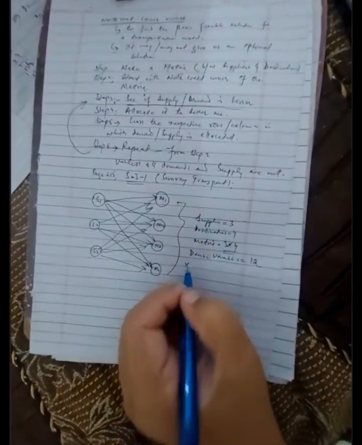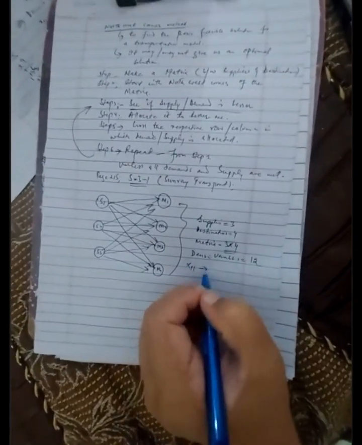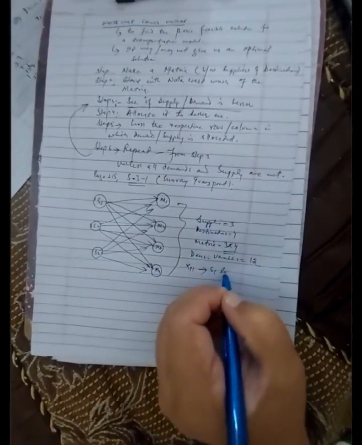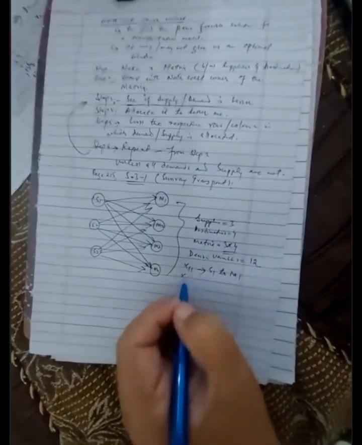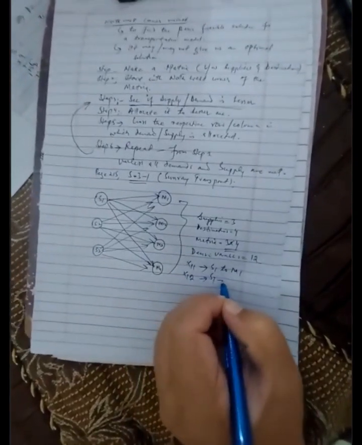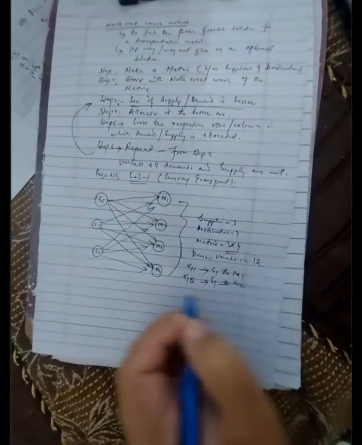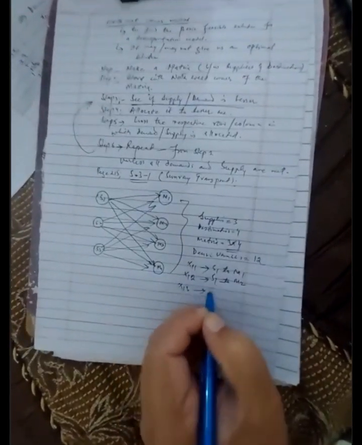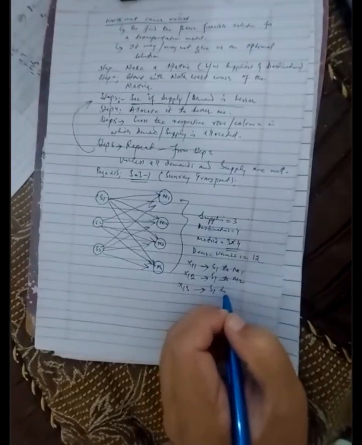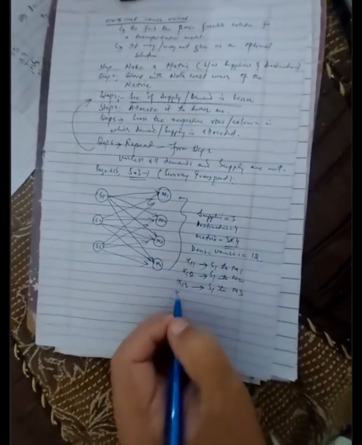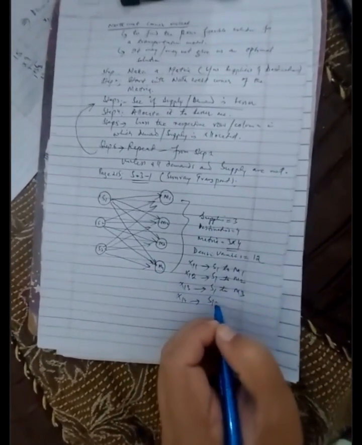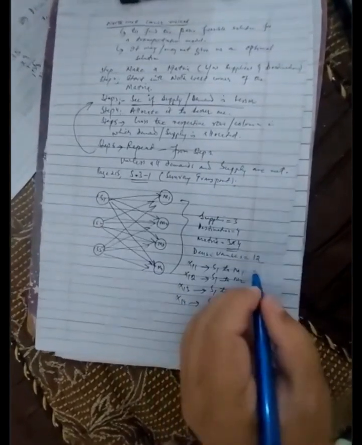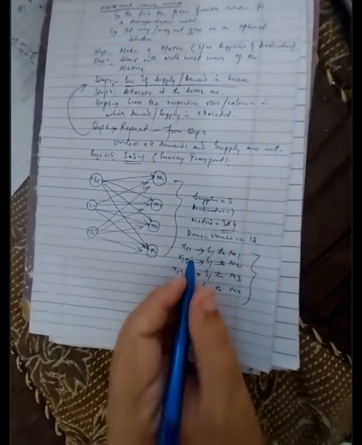Okay, so decision variables are x11, which is from S1 to M1, x12, which is from S1 to M2, x13 from S1 to M3, and x14, which is S1 to M4. Okay, these are the supplies.